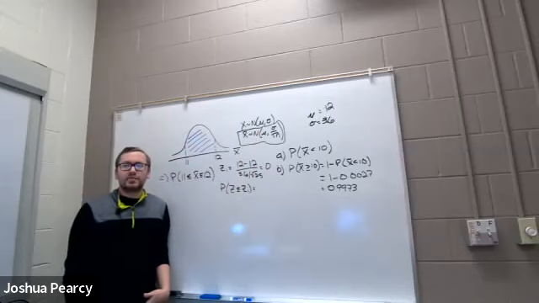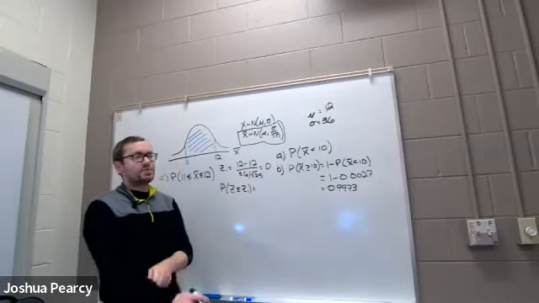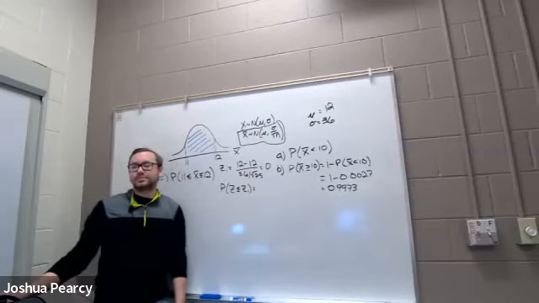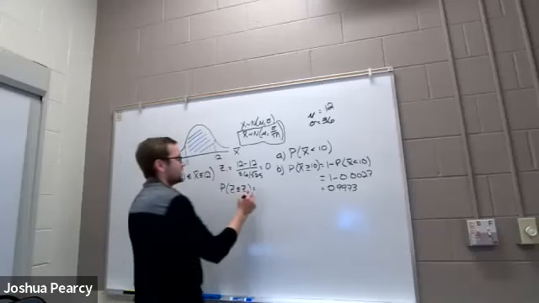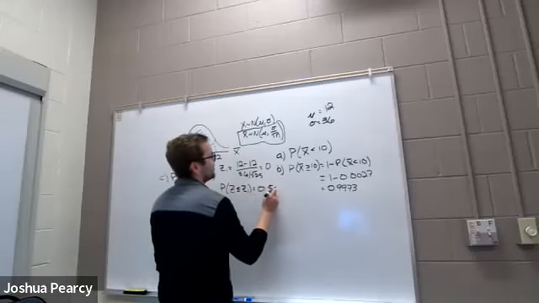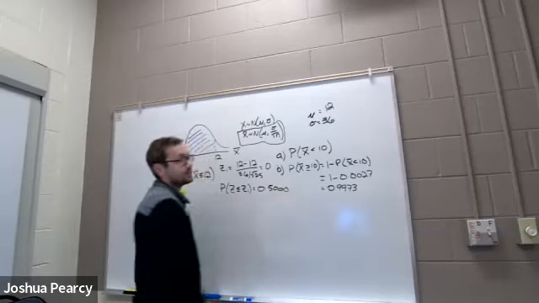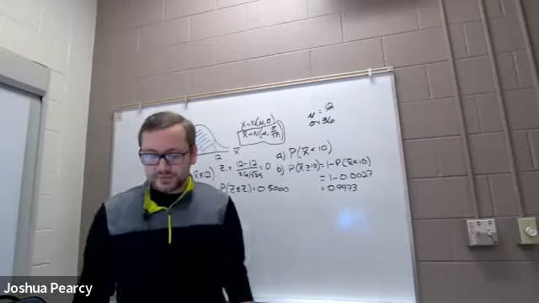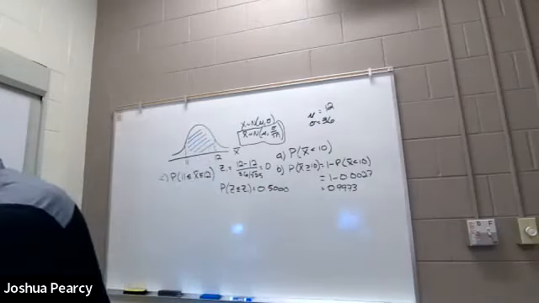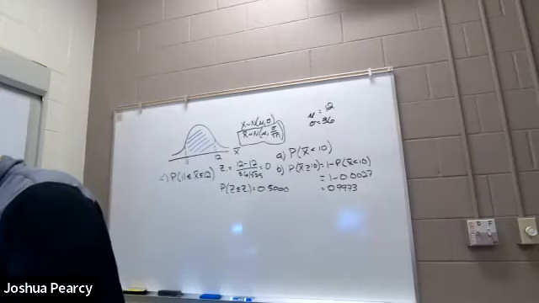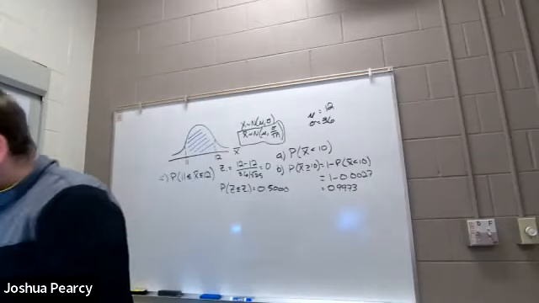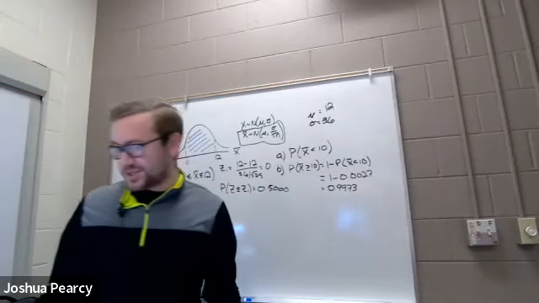So just the probability of getting a z-score less than or equal to 0. Remember, the distribution is symmetric about 0, right? So the probability on each side should be half of the total probability, which is 1. So therefore, the probability is 0.5000. And if you look on the standard normal table, 0, 0 is 0.5000.